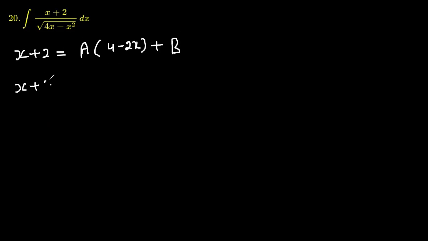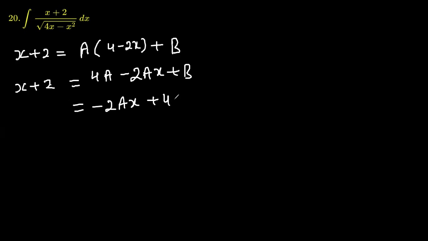Now, equating both sides of this equation, we find the coefficient of x and the constant term. We will get x plus 2 is equal to, opening the bracket, 4a minus 2ax plus b. And this is the same as negative 2 of ax plus 4a plus b. Since a and b are real numbers, this is a constant, and our constant should be equal to the constant on the left also.